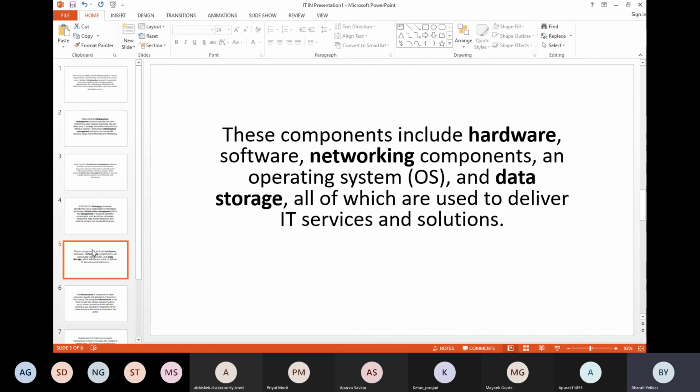Then you need networking components, then operating system, and data storage, all of which are used to deliver IT services and solutions. So all this infrastructure is very much important in this case.